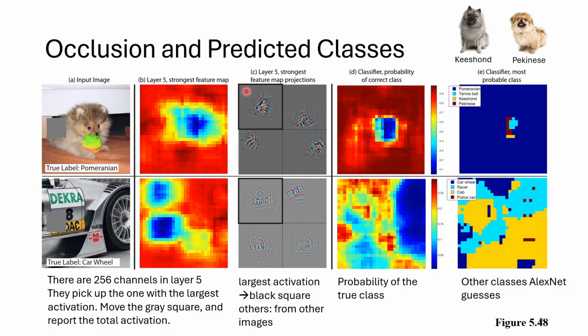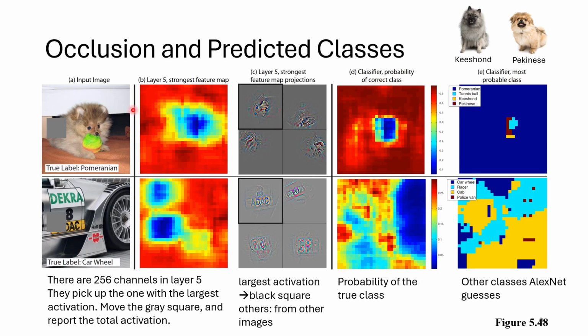Therefore, when they place the gray square here, AlexNet still thinks this is an image of a Pomeranian. But when they move the gray square to cover the face of the dog, they will see this is an image of a tennis ball. Why is it a tennis ball? Because if they cover this region, then there is a tennis ball. That's correct.